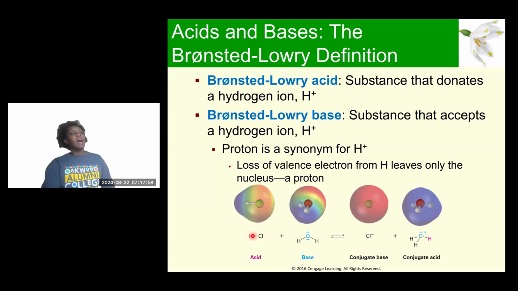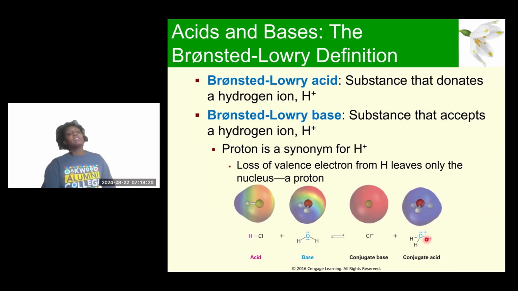Therefore, this is its acid. And the result of that hydrogen leaving is the conjugate base. Inversely here, you have water. And then when you come over here to find that same substance, you'll notice that the water has gained an additional hydrogen. So this is the base and this is the conjugate acid.